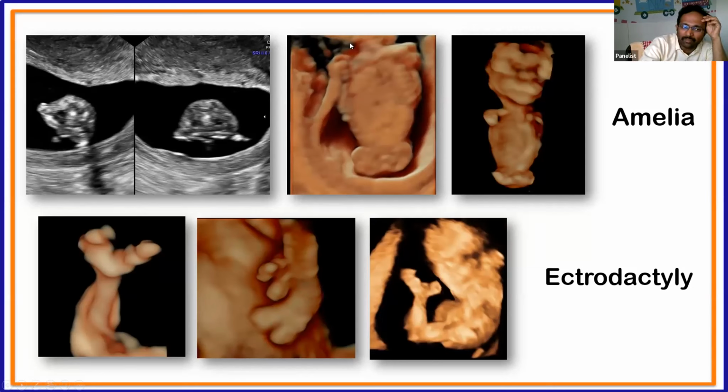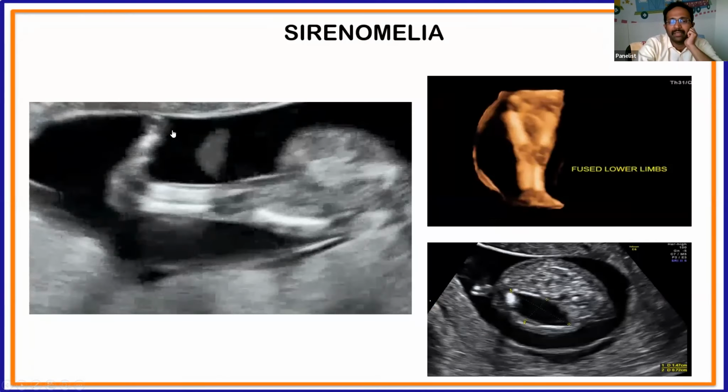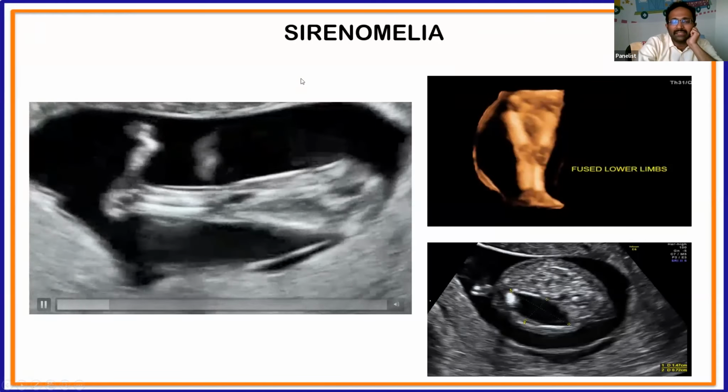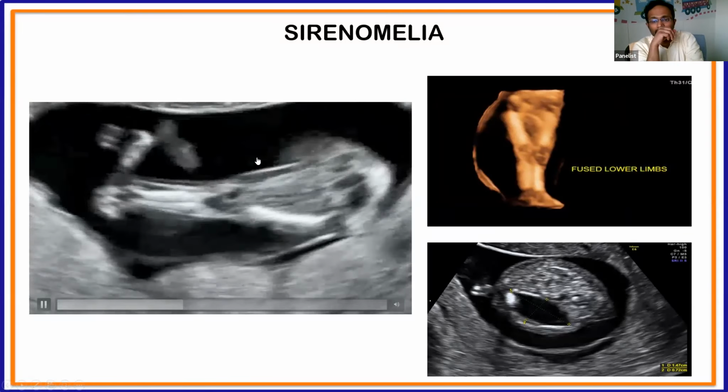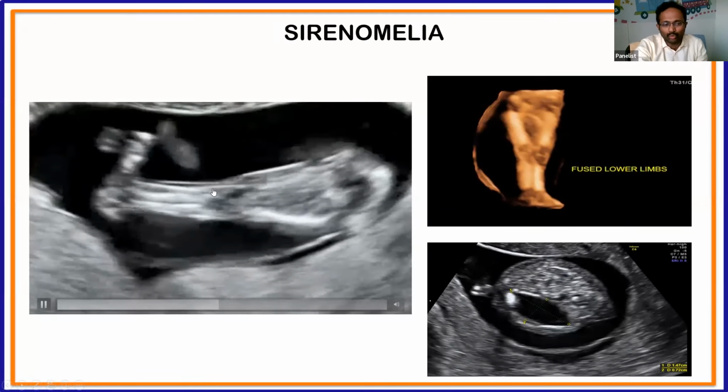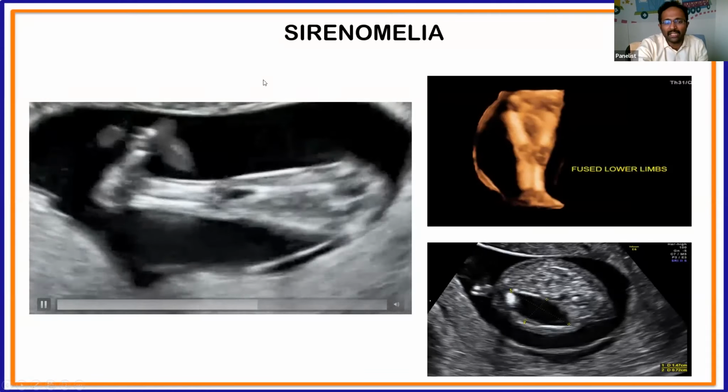So all these malformations can definitely be made out by a transabdominal or a transvaginal scan if due diligence is made to evaluate the 3 segments of the upper and the lower limbs of the baby. And this is a baby having upper limbs and lower limbs, but both the lower limbs seem to be fused to each other and the upper limb is normal.